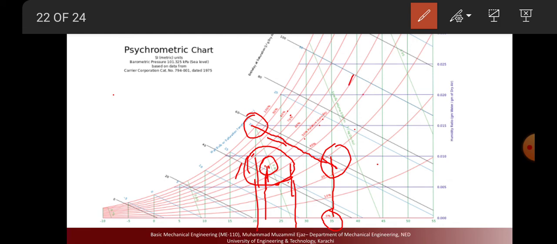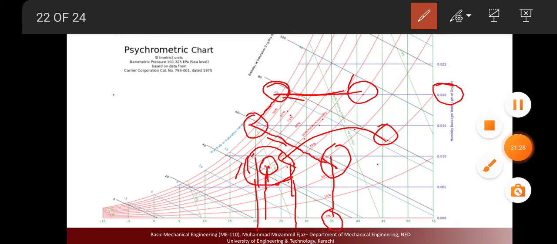So wherever you are, if you are here, if you are here, we need to shift towards the comfortable zone. And in the psychrometric chart, if we cool down the air, our point goes like this, and in this portion you can see that water content in the air will be constant, but after reaching the dew point, the water is removed and expelled from the air.